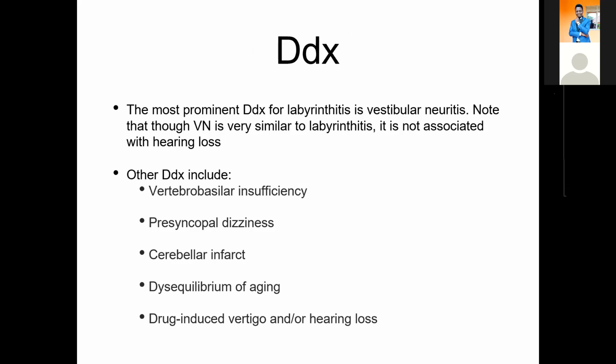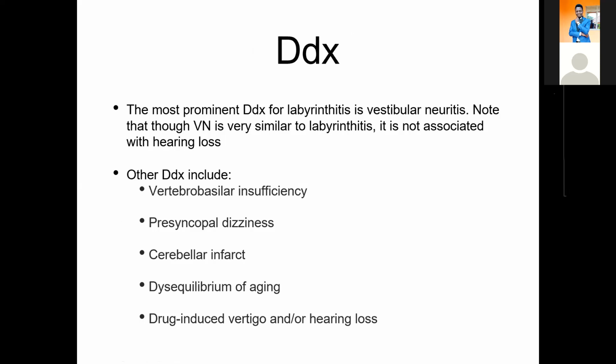Differential diagnosis: the most prominent diagnosis is vestibular neuritis. Note that vestibular neuritis is similar to labyrinthitis, but it is not associated with hearing loss. So we have the vestibular system and the cochlear system. The cochlear system is for hearing, the vestibular system is for balance. So sometimes you can have vertigo without hearing loss.